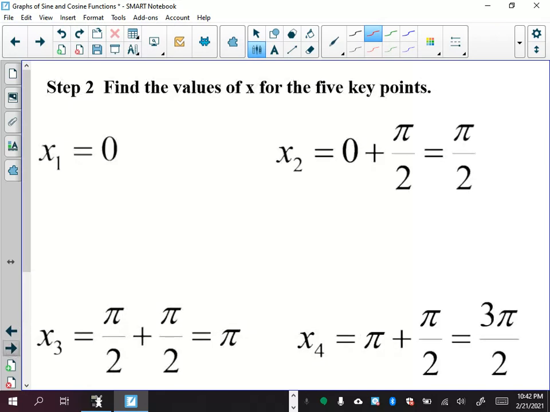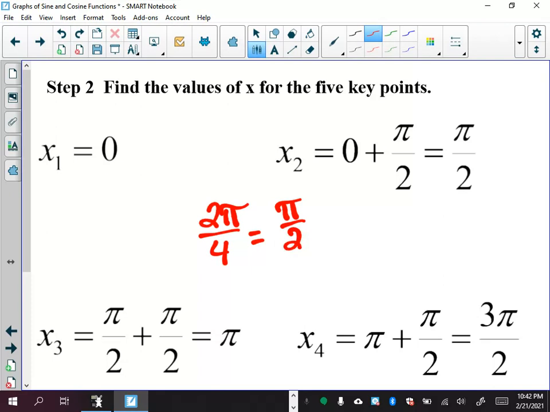All right, so now that you have your window set up, here are your key points. So remember, I told you it's your period divided by 4. So since we know that our period is 2 pi, and we take that and divide it by 4, that gives me pi over 2.